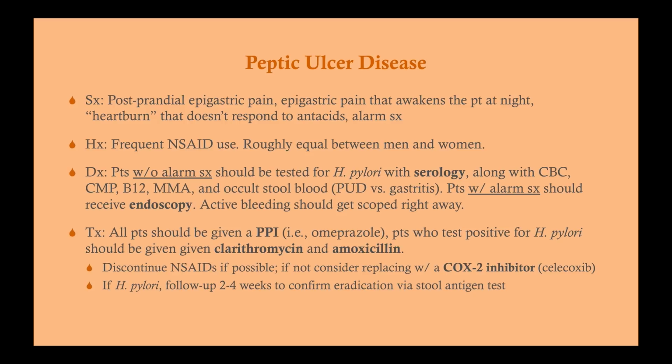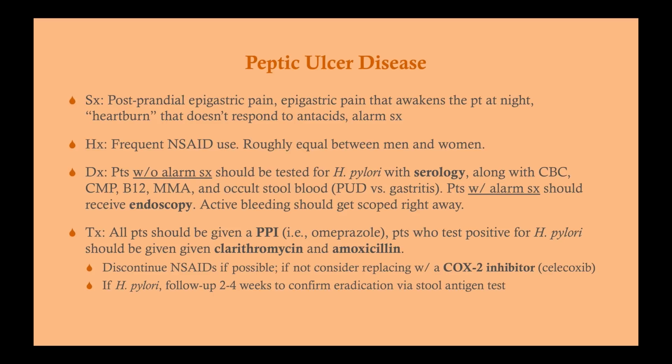Obviously, if they have a cardiac history, you might want to be a little bit more careful about that, maybe refer them off to a cardiologist to make the definitive judgment as to whether a COX-2 inhibitor is right for them. But for the USMLE, you should take into consideration that a COX-2 inhibitor is typically used for patients who need NSAIDs who have GI symptoms that really make NSAIDs prohibitive.